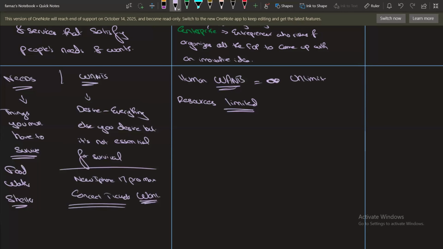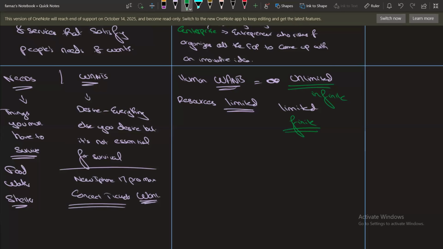Unlimited, limited. Remember, your examiner might use alternate words. Human wants are infinite, but resources in the economy are finite. Okay? You don't have infinite money to fulfill all your desires. That's what I mean. Your wants are unlimited, but you have a limited amount to spend every month, right?